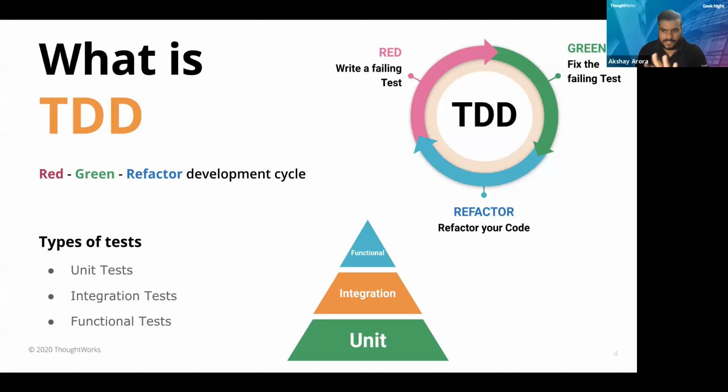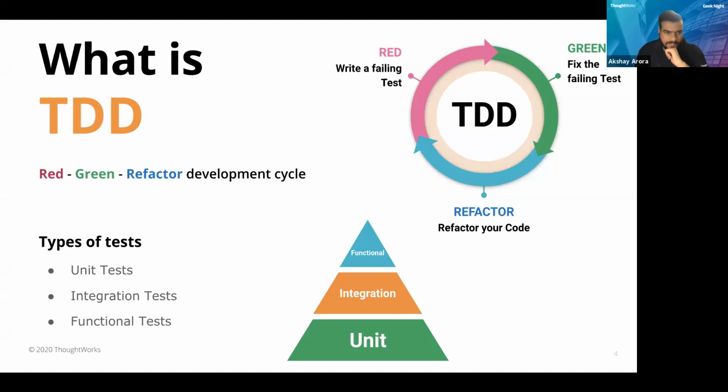First, you write a failing test before you write the production code. Step 2, you write enough code to make that failing test pass. The third step is to refactor that code if needed. And the fourth step is to again write other tests. That is the red green refactor development cycle.